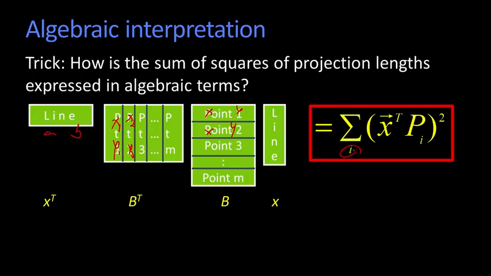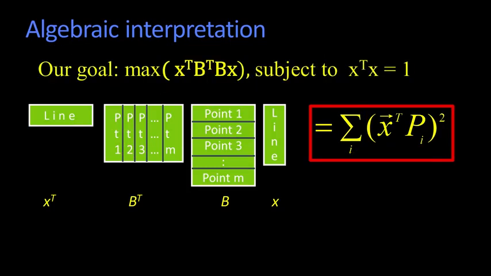It's the sum over all the points of that squared magnitude. So algebraically, maximizing the projected distance can be written like this.